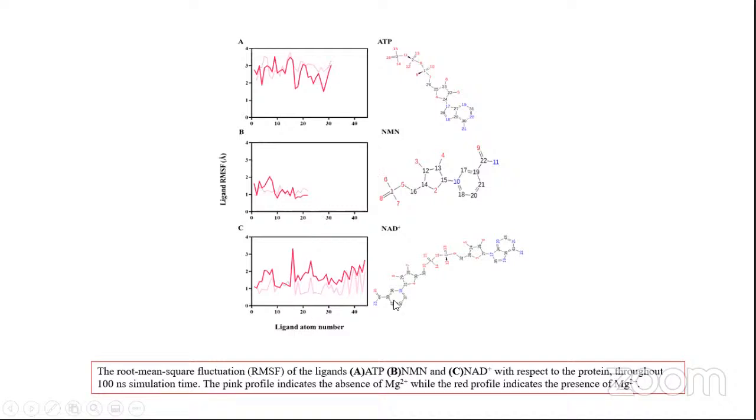So we could infer from here that the dynamics of the protein is actually dependent on the binding of ATP, and because magnesium stimulates the binding, this confirms to us that magnesium is actually required by ATP in order for this protein to be active.